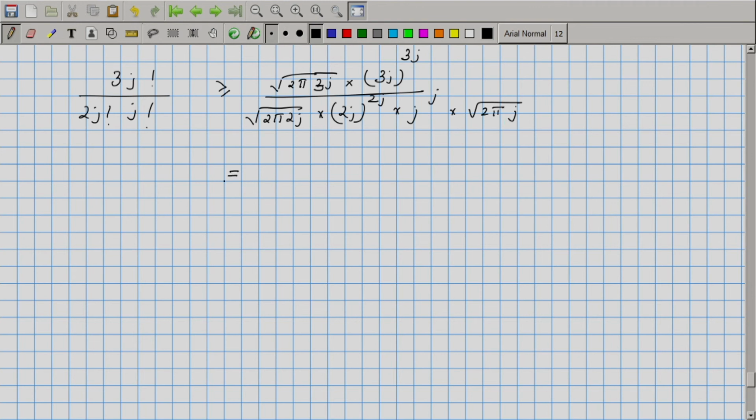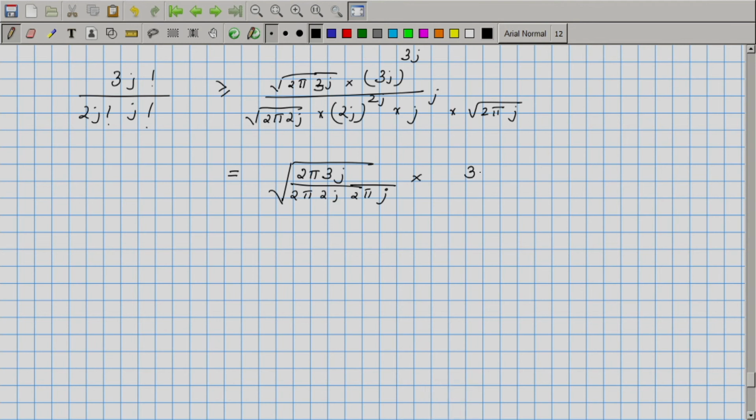So, this is going to be equal to, under root, 2 pi 3j divided by 2 pi 2j 2 pi j, times, the j's are going to cancel out.